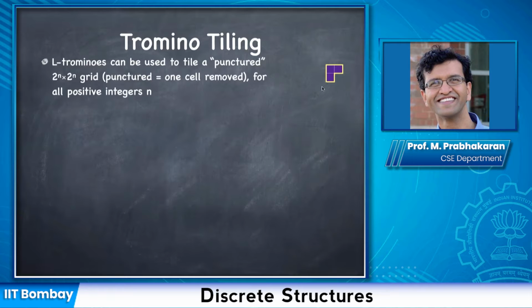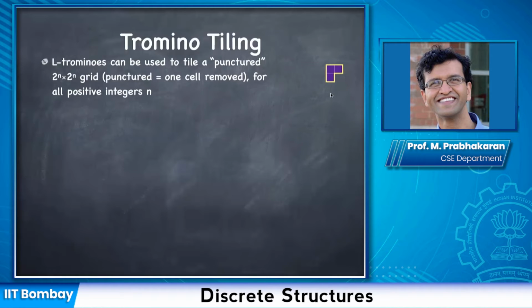Okay, so if you look at the Tromino, that itself actually fits that description. It's a 2 by 2 grid, right? So there are 4 cells of which one cell has been removed. So for n equal to 1, this 2 to the n by 2 to the n punctured grid is the same as a Tromino.